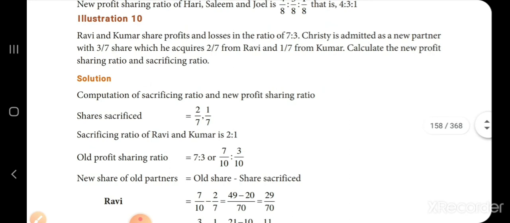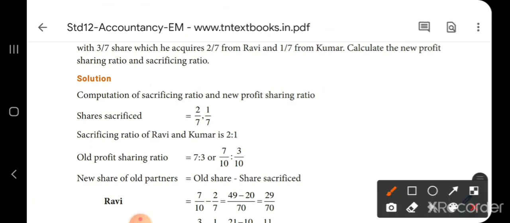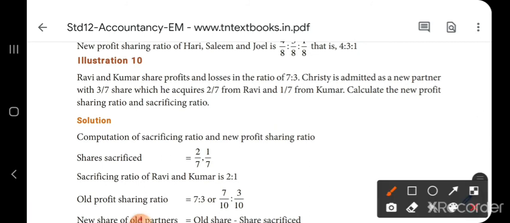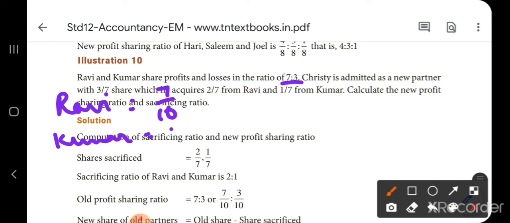Now, Ravi and Kumar share the profits and the losses in the ratio of 7:3. So the old profit sharing ratio is 7:3. That means Ravi is getting 7 by 10th of the share and Kumar is getting 3 by 10th of the share.